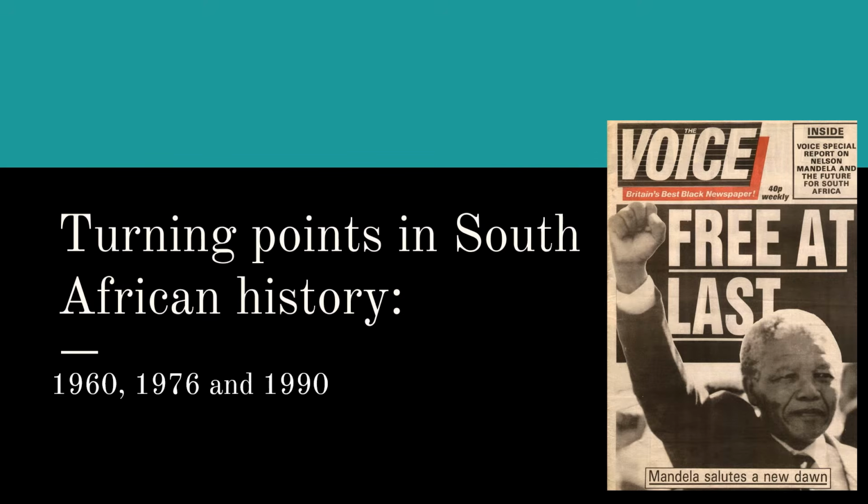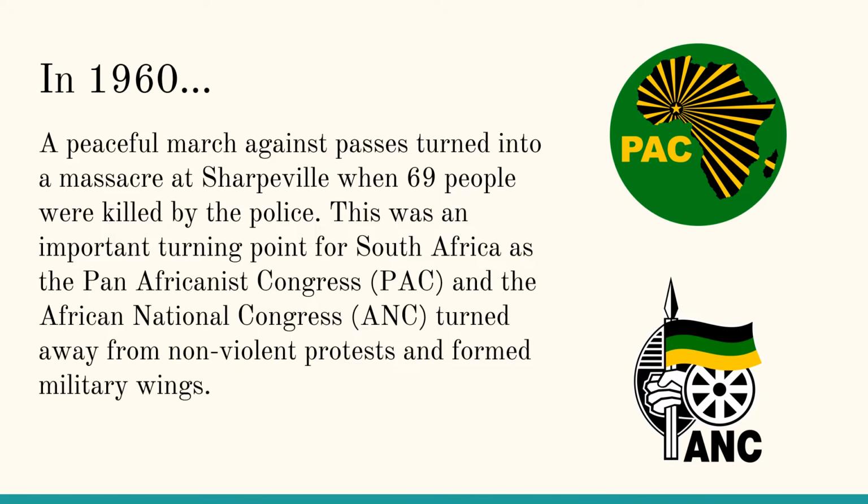Our topic for today's lesson is turning points in South African history: 1960, 1976 and 1990. In 1960, a peaceful march against passes turned into a massacre at Sharpeville when 69 people were killed by the police.